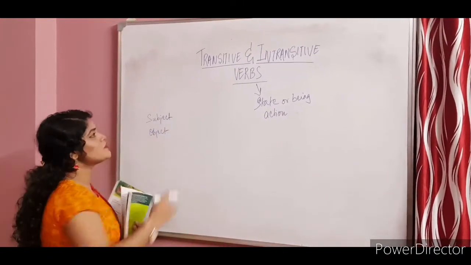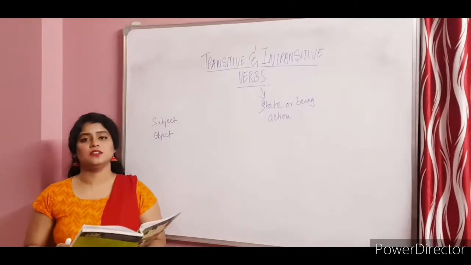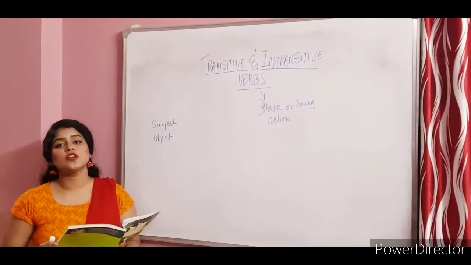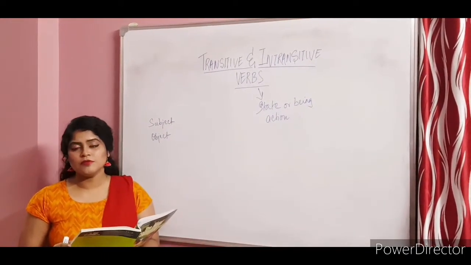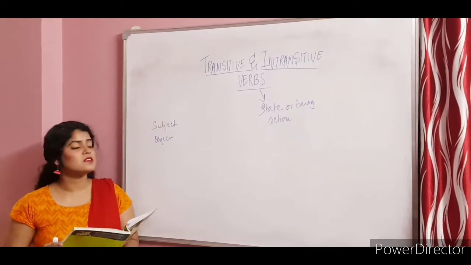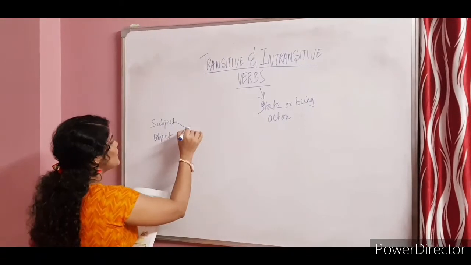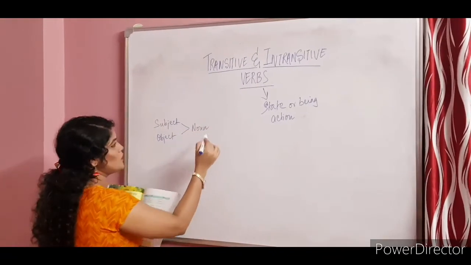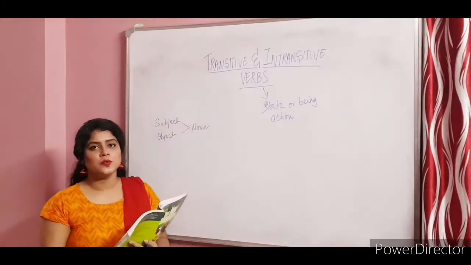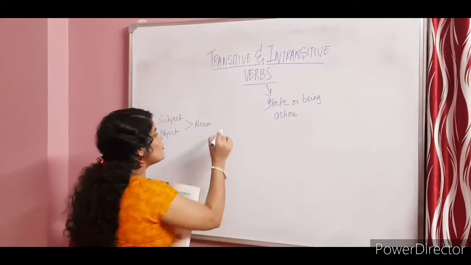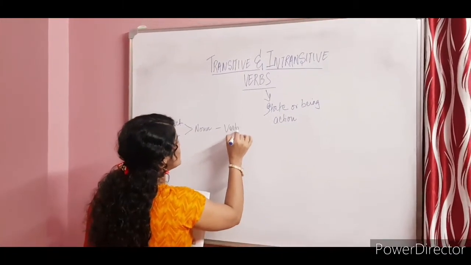These two words play a big function in understanding transitive and intransitive verbs. The subject and the object together are associated with a noun. A noun is incomplete without the verb, so definitely the verb has to be there.